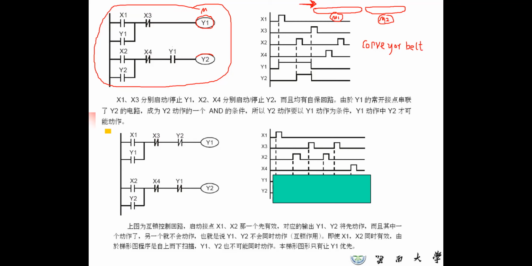So can you tell me, if we have two belts, and motor 1 and motor 2, which one will start first, or which one running is the condition for another?